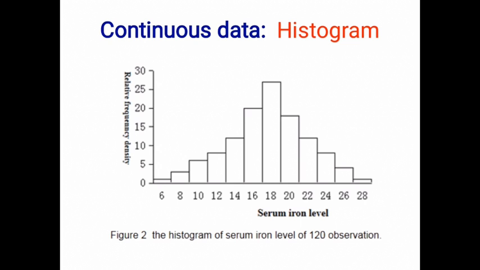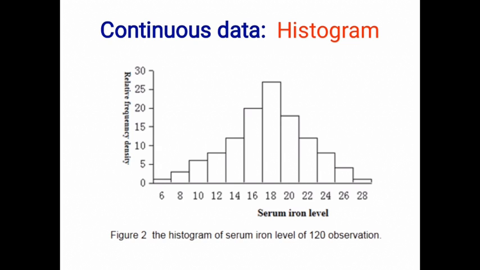The relative frequency density is the relative frequency of each interval divided by the width of each interval.